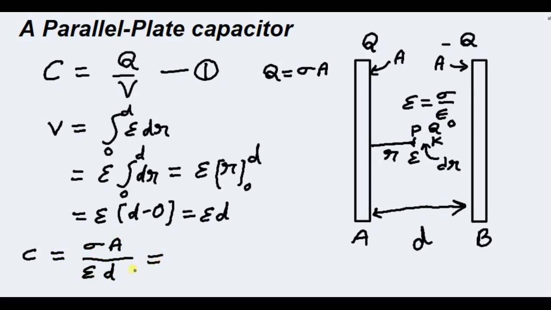Now substitute the value of E. Value of E is sigma upon epsilon naught.